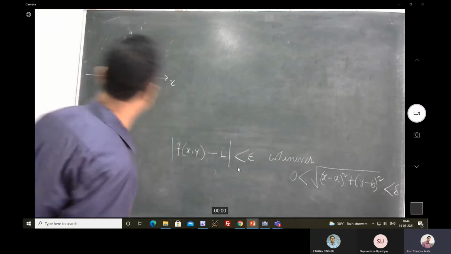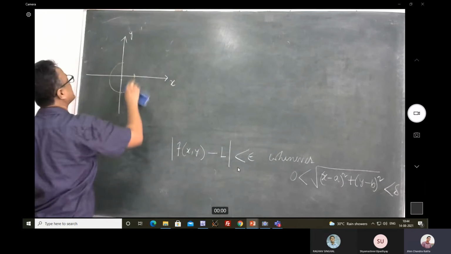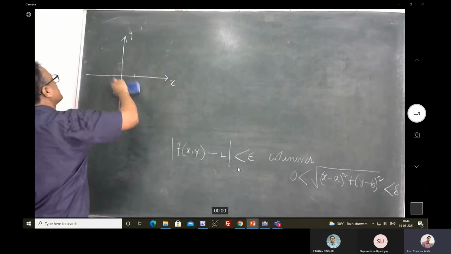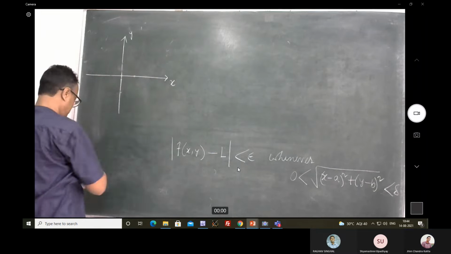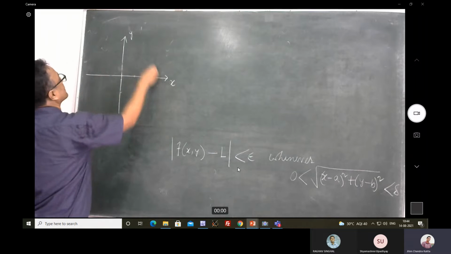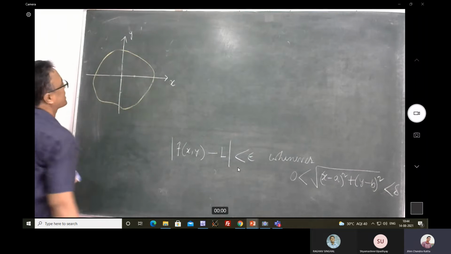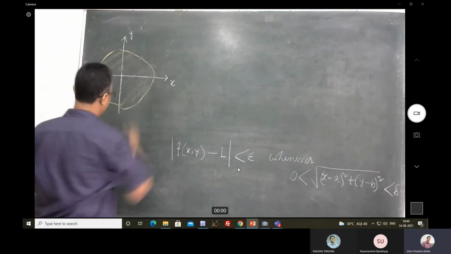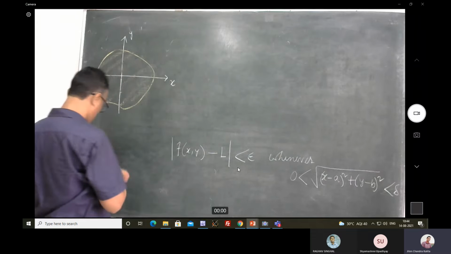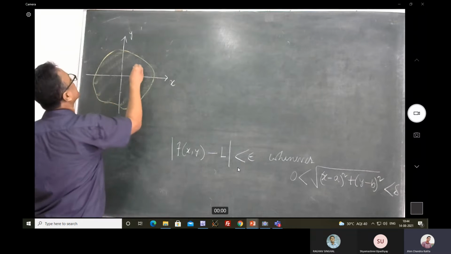Let me make it a bit bigger so that it is easier for me to take those points. I am considering the limit of a function at some fixed point here.